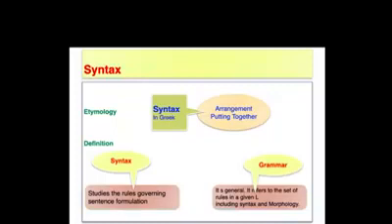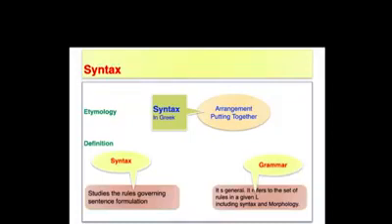Whereas grammar is a much more general aspect. It refers to the set of rules in a given language, including syntax and morphology. This means that grammar is a general term that covers not only how sentences are formulated, but also word formation, for example, in morphology.